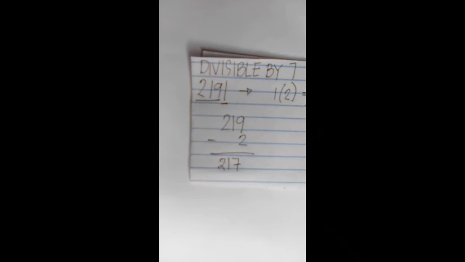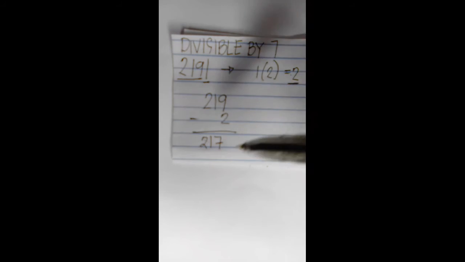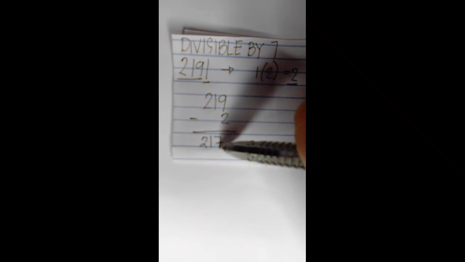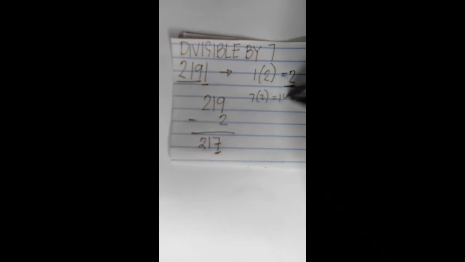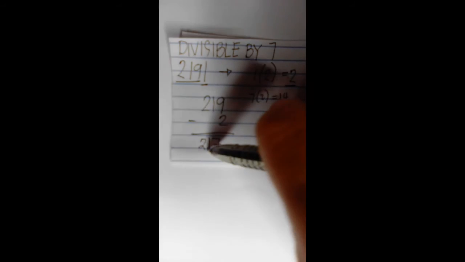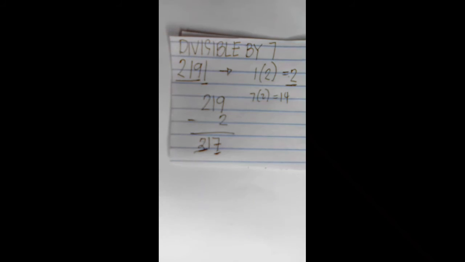Now, is 217 divisible by 7? It's hard to determine, right? So, we need to get the unit digit here. What is the unit digit? We have 7. And twice the unit digit, 7 times 2, that is 14, right? And get the remaining digit, which is 21.